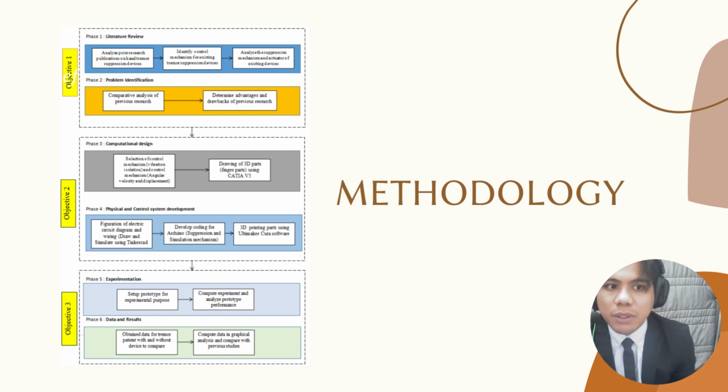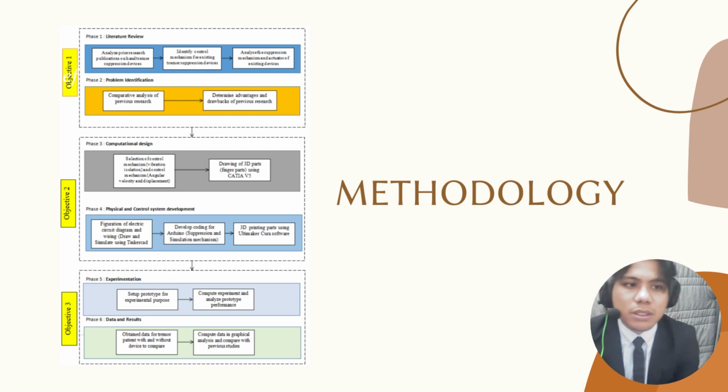Next is to identify control mechanisms for existing tremor suppression devices, and analyze the suppression mechanism and actuator of existing devices. For phase two, problem identification, comparative analysis of previous research, and next, determine advantages and drawbacks of previous research.